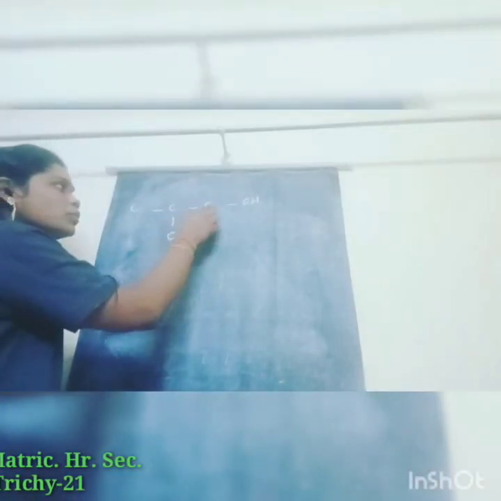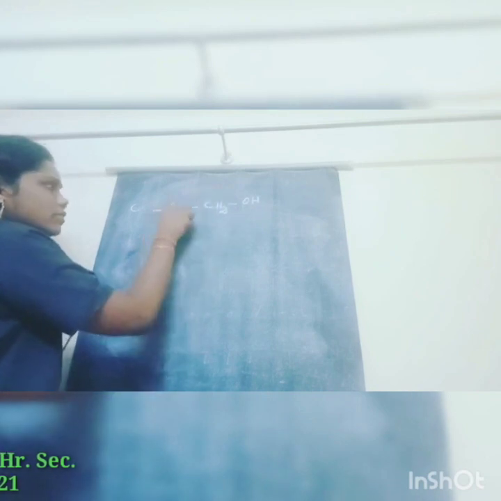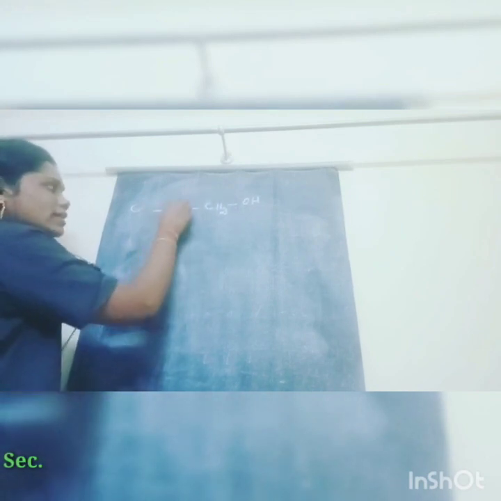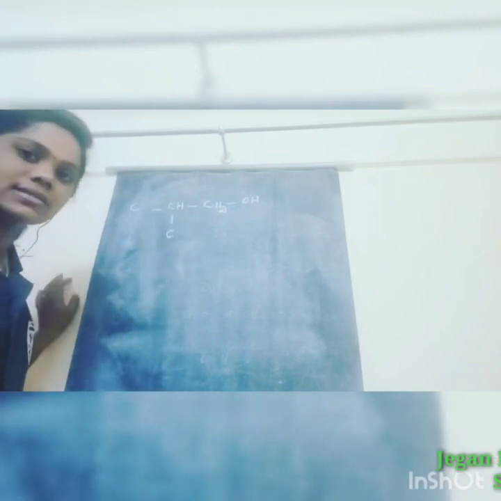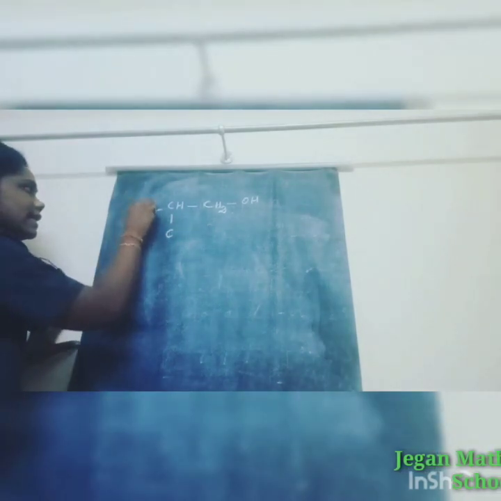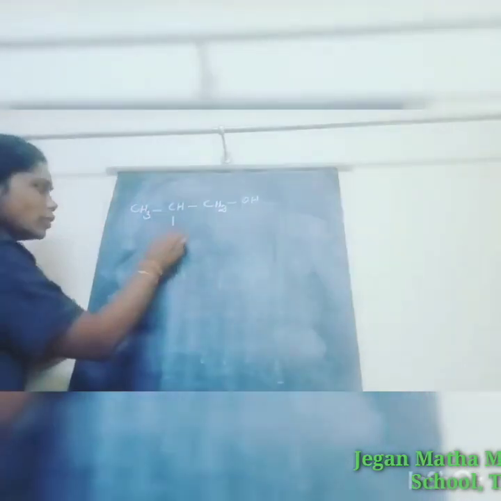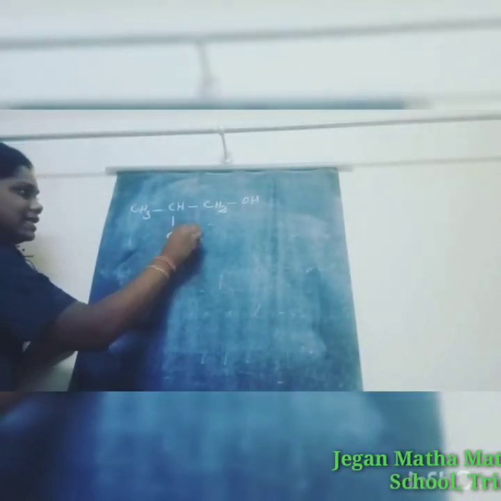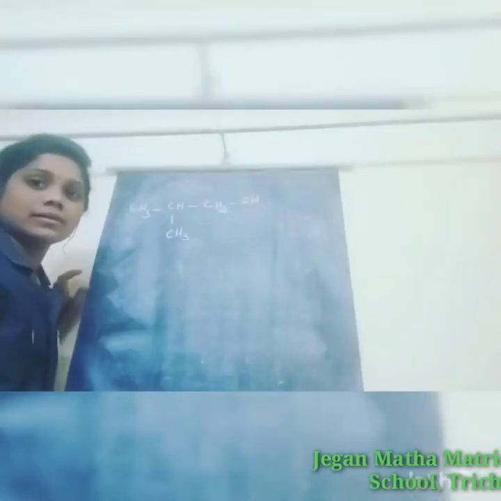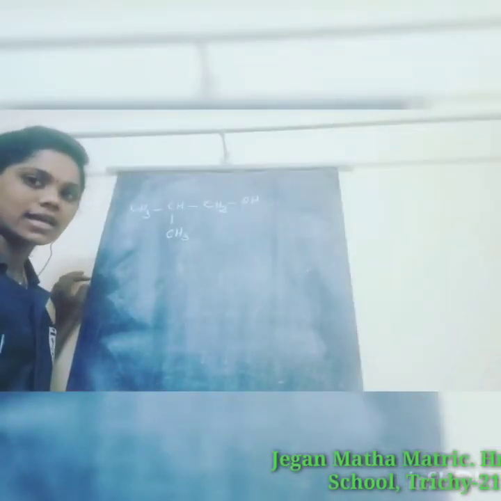Here 2 bonds are present, so the remaining is CH2. Here 3 bonds are present, so only 1 hydrogen remains because carbon valency is 4. Then here hydrogen 3 times, and here only 1 bond is present, so the remaining is hydrogen 3 times. So this is isobutyl alcohol, which is the common name.